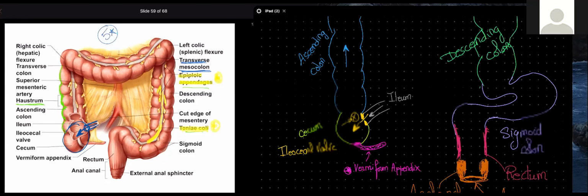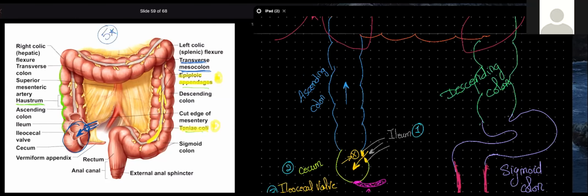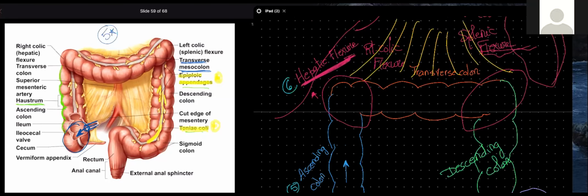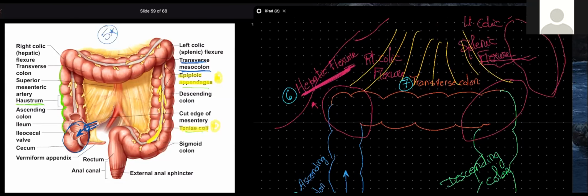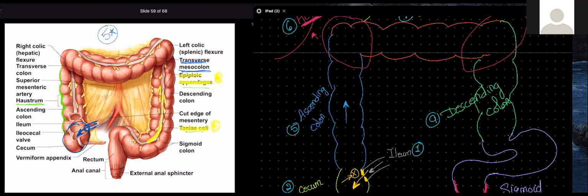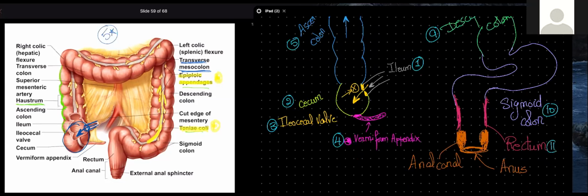Most importantly would be ileum, cecum, ileocecal valve, the vermiform appendix, ascending colon, right colic flexure or the hepatic flexure, transverse colon, splenic flexure or left colic flexure, descending colon, sigmoid, rectum, anal canal, and anus.